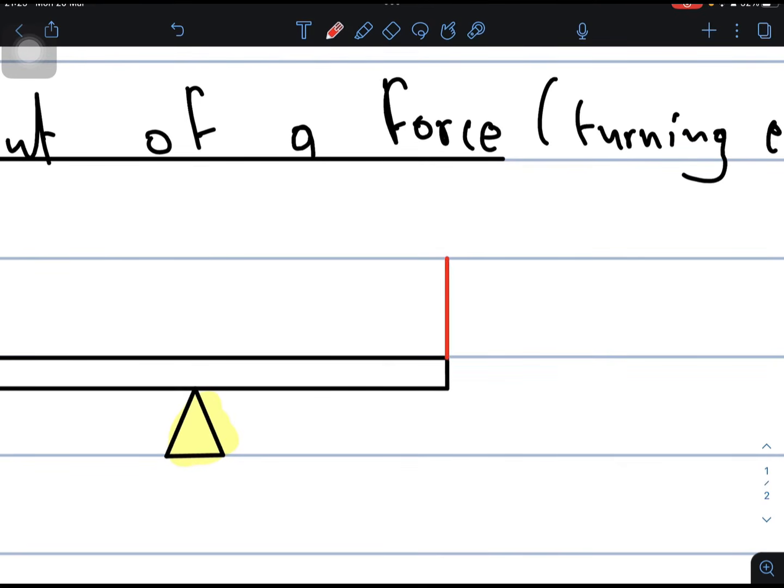A moment, in theoretical definition, is a turning effect about a point, but I'd like us to define it in mathematical terms.